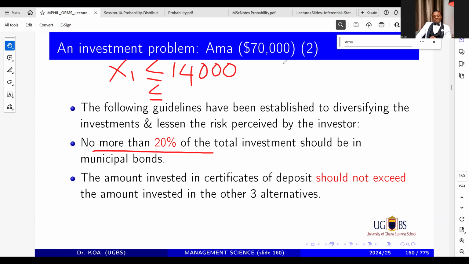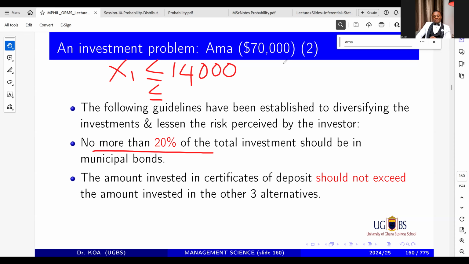Okay. Now look at the sentence. The amount invested in certificate of deposit. Are we talking about a letter or a number that we are calculating?